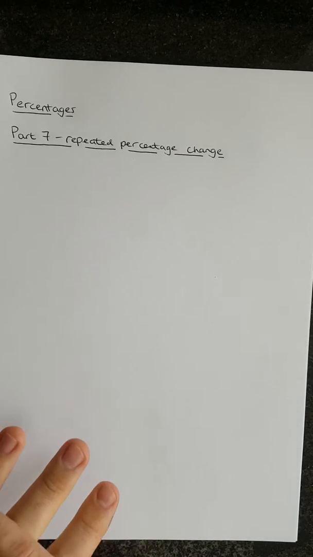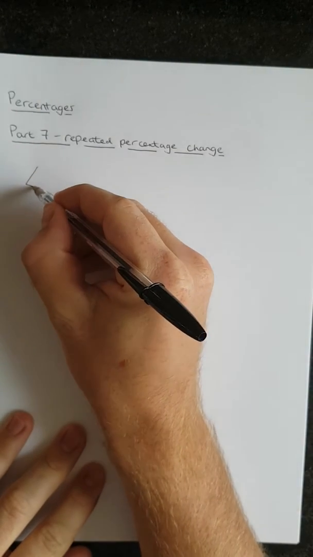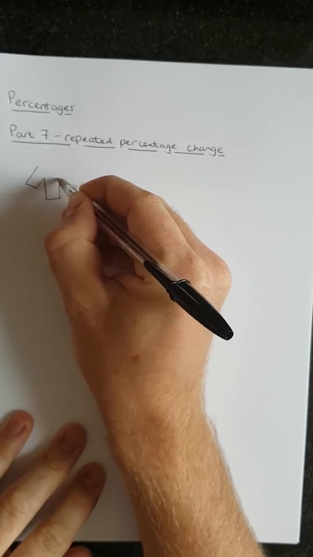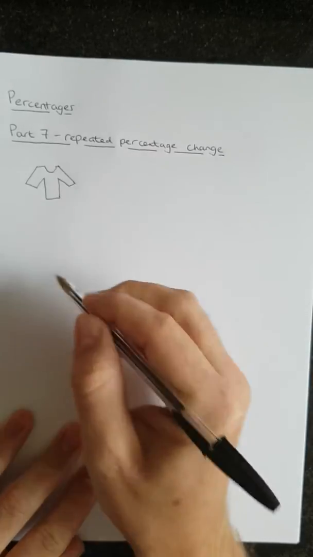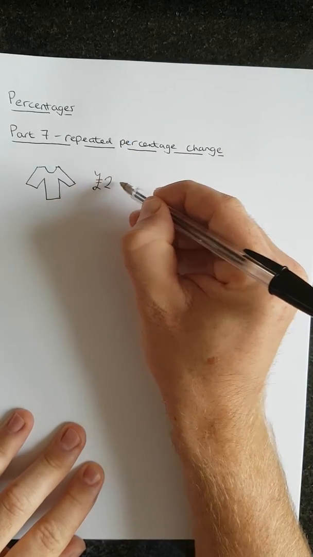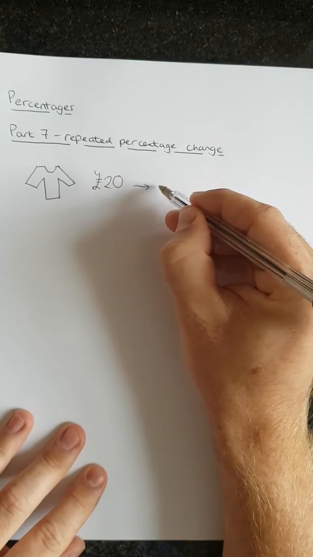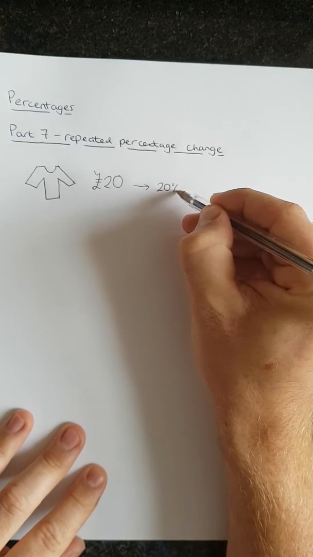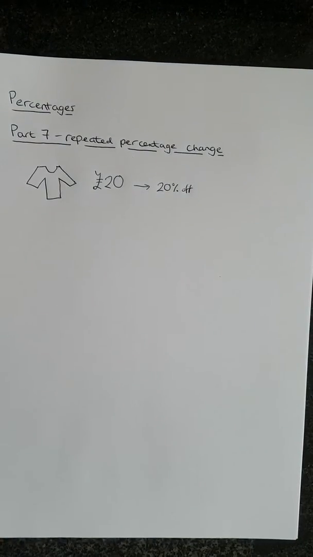So let's look now at a situation where you have repeated percentage change. So I'm going to go back to my bad drawings of t-shirts that no one would ever buy. And the problem with my t-shirt no one ever buys is that even when you put a discount on it, and the first discount is going to be 20%, people still don't want to buy it.